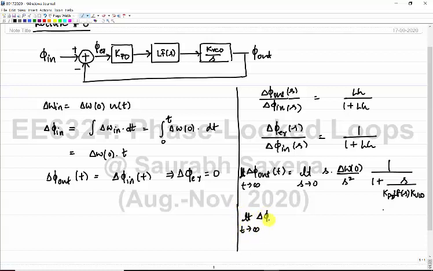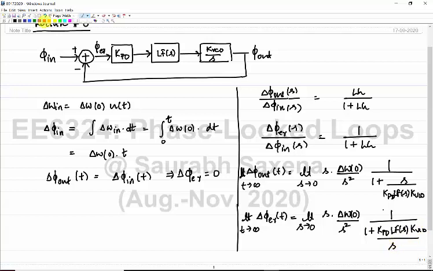So delta phi error of t, limit s tends to 0, s times delta omega 0 by s square, right? And this is 1 by 1 plus loop gain, which is KPD, loop filter of s times KVCO divided by s, right?